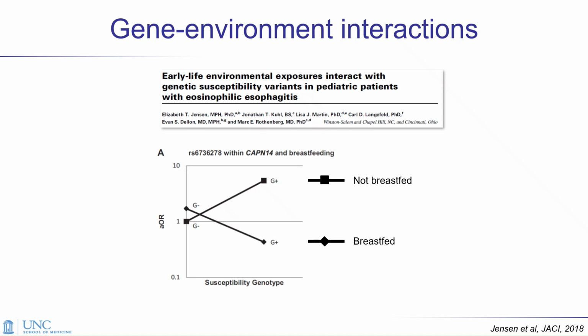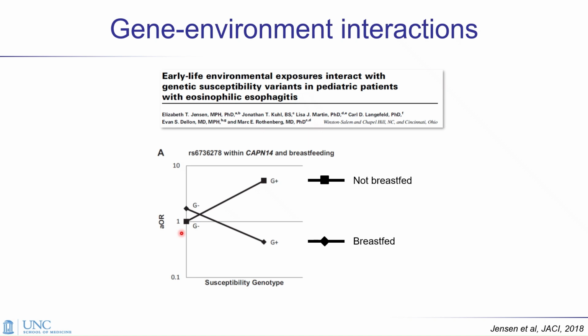And we examined that environmental risk factor in the context of a gene that's involved with the barrier function of the esophagus. And what we saw was very interesting. We saw that if you did not have an abnormal gene, what's called the risk allele, it didn't matter if you breastfed or not your child, that child was not likely to get EoE.